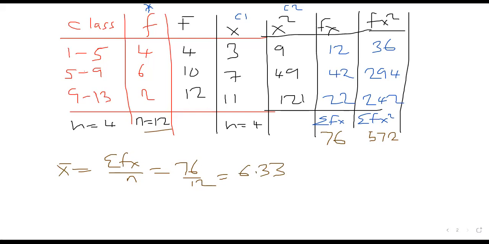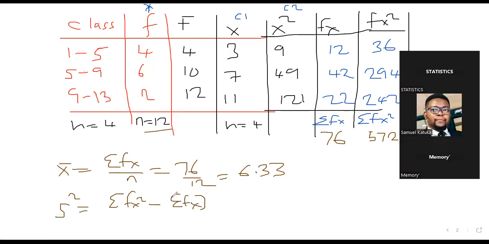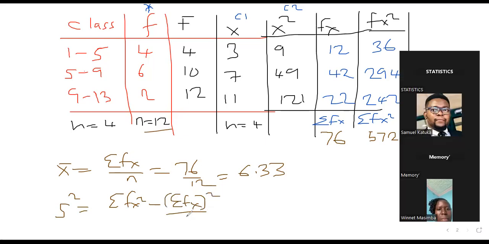That is how we find our mean. Our variance is given by summation of fx squared minus summation of fx to the power 2 over n, everything over n minus 1.